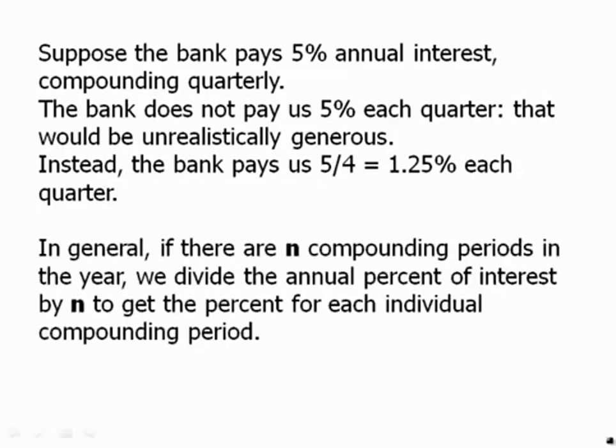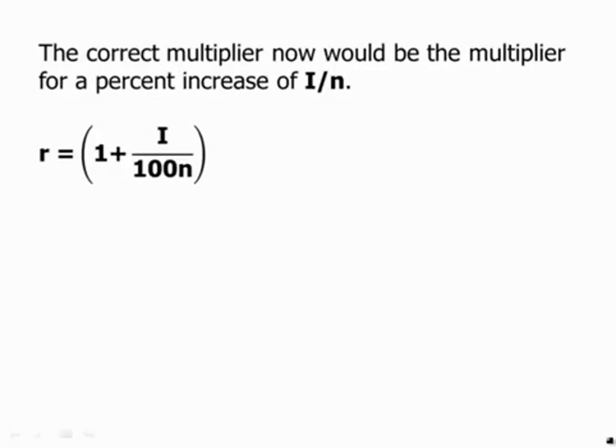In general, if there are n compounding periods in the year, we divide the annual percentage increase by n to get the percent for each individual compounding period. So we divide by 4 for quarterly compounding, we divide by 12 for monthly compounding. The correct multiplier now would be the multiplier for a percent increase of I divided by n.